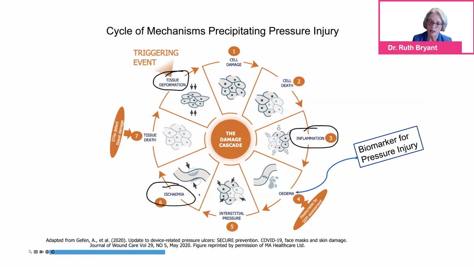We then proceed on with more interstitial pressure because of that fluid, because of all the blood vessels. We have then ischemia that's developing because of the occlusion and the pressure against the blood vessels. So now we have ischemia developing, and in addition to that, the lymphatics are occluded, so we're not having the drainage away from that damaged site. We have increased cell death, and then the cycle continues all the way around.